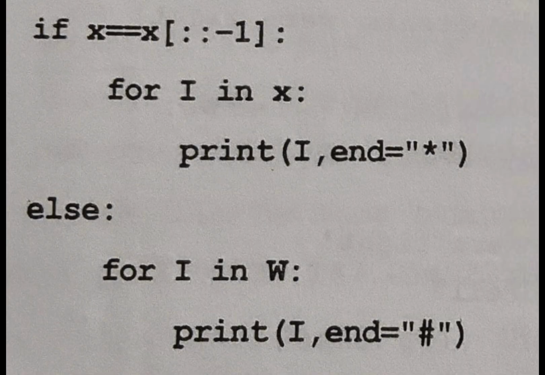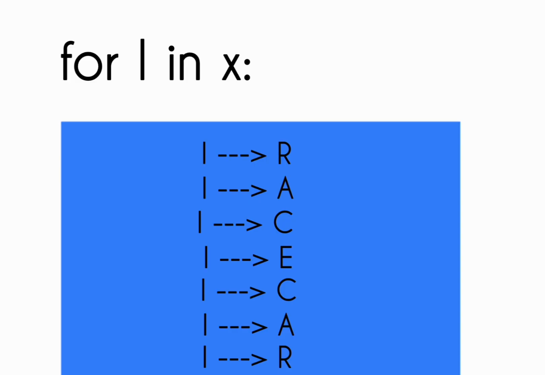And now we will move to the statements which are written inside the if condition. So our next line was for i in x. Now we have to use the loop for x, that is, we have to move inside the word. And now our variable is i. So when we move inside a word, when the loop will run for the first time, the value of i will be R because x is holding the value RACECAR.